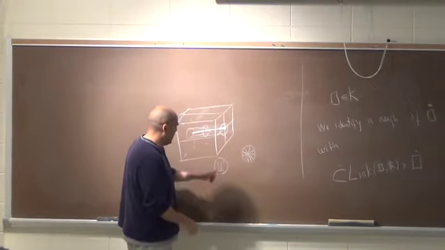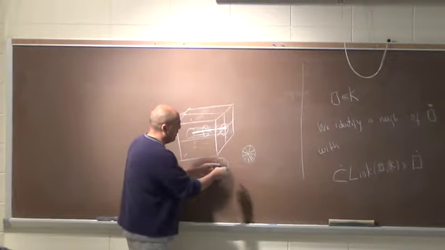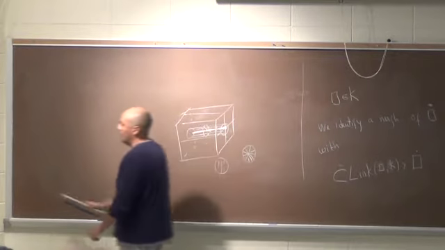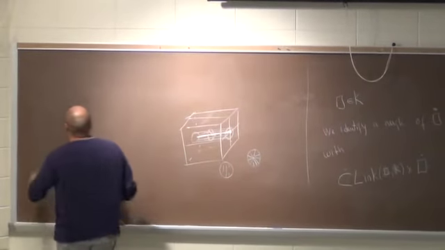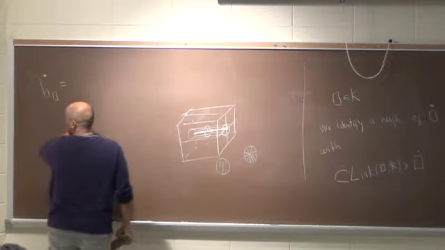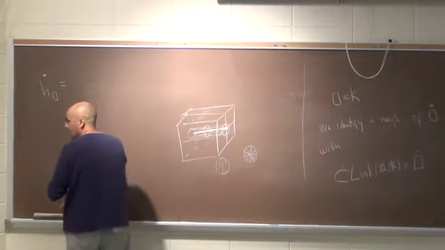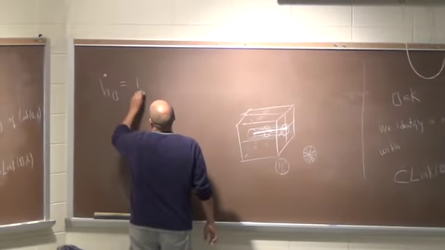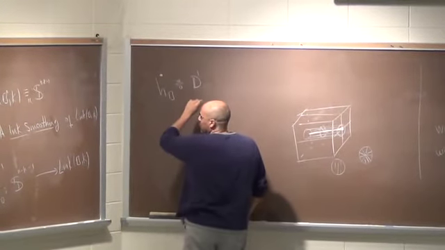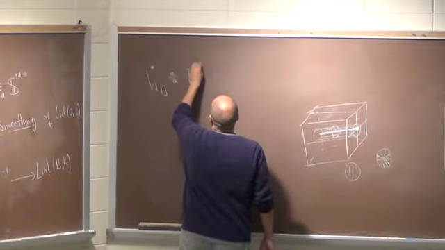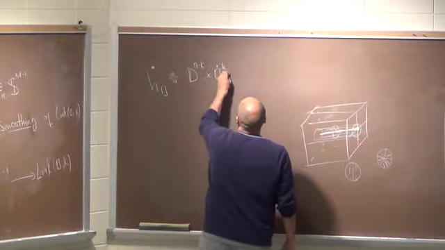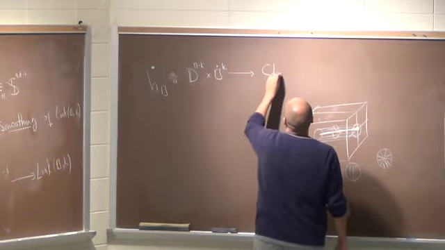Then I can cross that with the open cube, and I have a kind of chart on the neighborhood of this. So I define this as the map that goes from the disk of dimension n minus k cross the cube to the cone of the link.